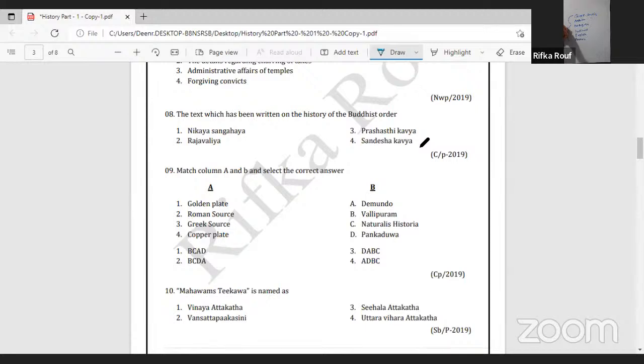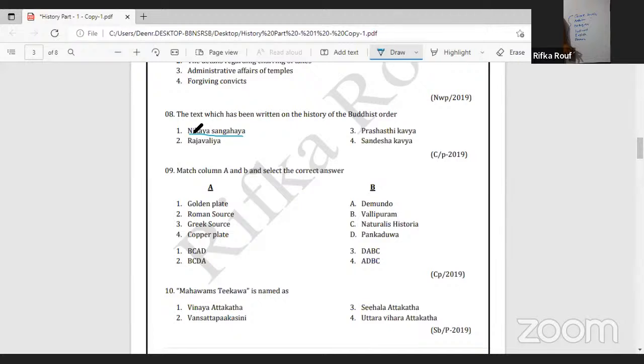Out of these four, which text includes the information regarding the Buddhist order, the history of the Buddha Sasana? Yes, it is the second one. You are correct, Nishad. The first one is Nikaya Sangrahaya.